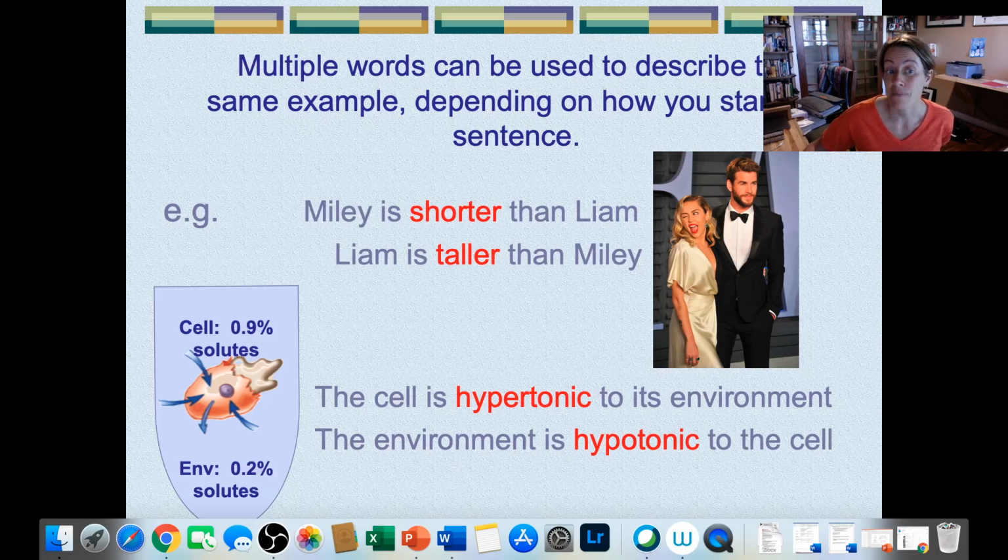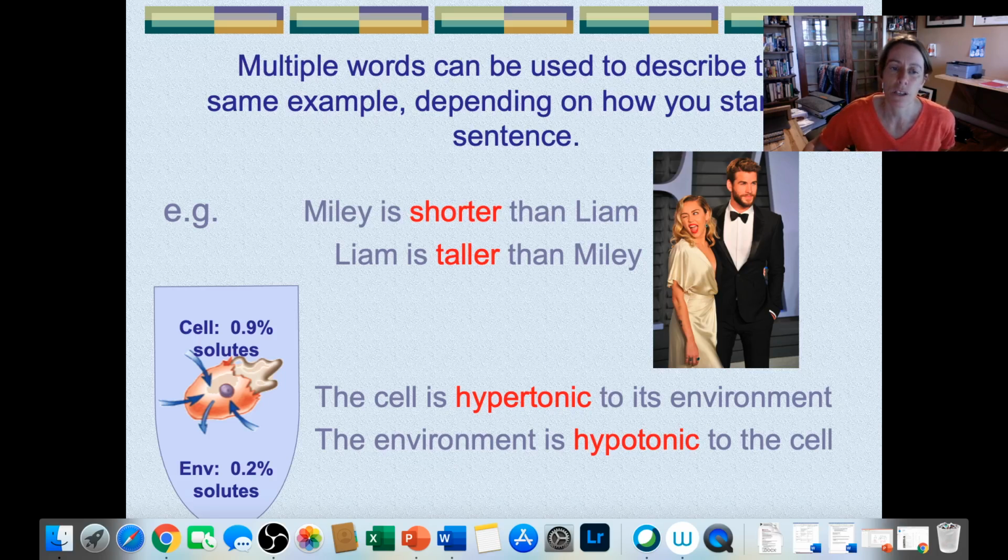The cell has more solutes than the environment. So we can say the cell is more concentrated, hypertonic, compared to its environment. But if we flip that around and start the sentence with the environment, we can also say that the environment is less concentrated, hypotonic, compared to the cell.